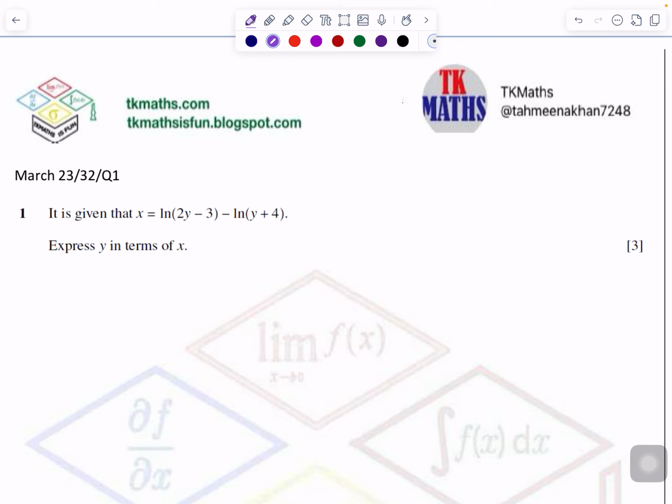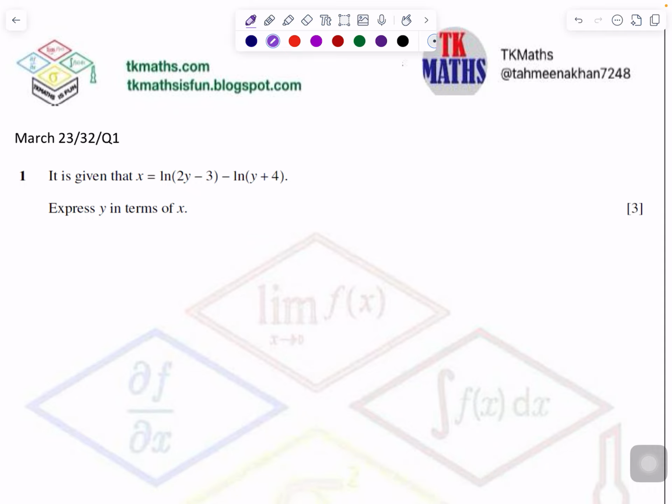Express y in terms of x. It means you have to make y the subject. So what is given to you here is x = ln(2y − 3) − ln(y + 4). Now what comes to my mind the moment I see two ln functions with a minus sign in between is the quotient rule.